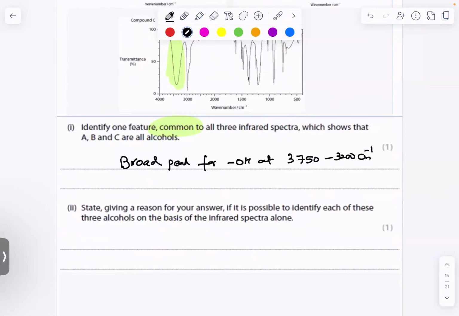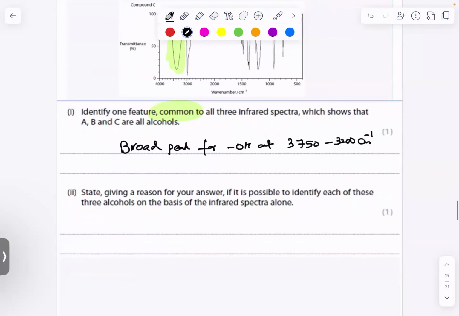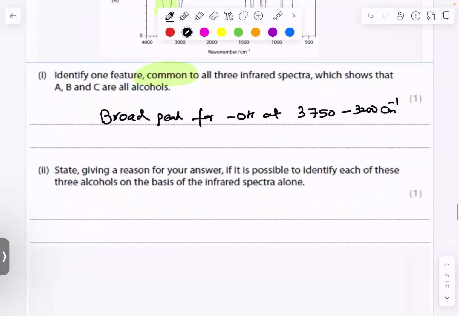Now, state, giving a reason for your answer, if it is possible to identify each of these three alcohols on the basis of the infrared spectra alone. Can you scroll up, please, so I can see the graphs?